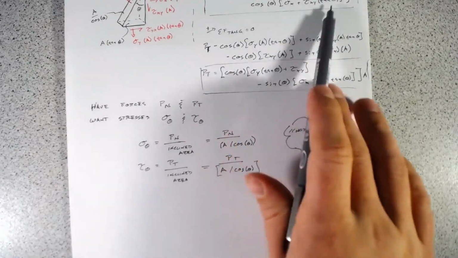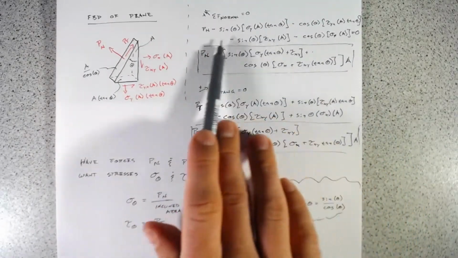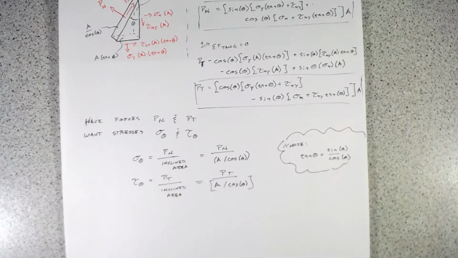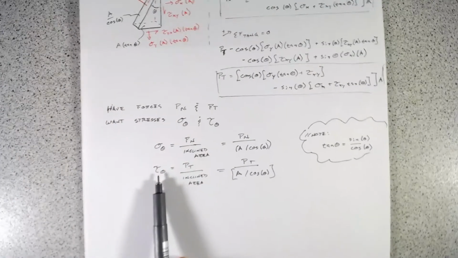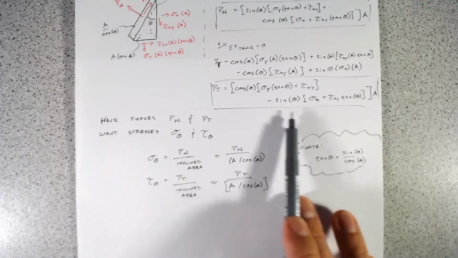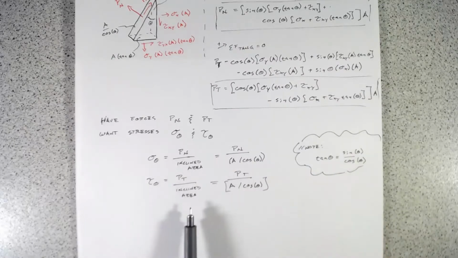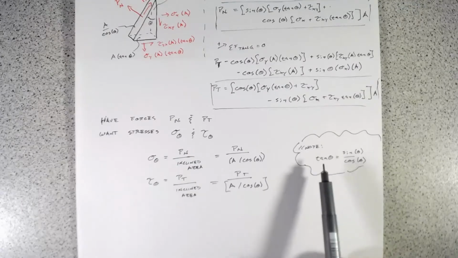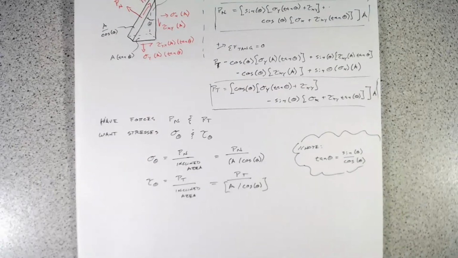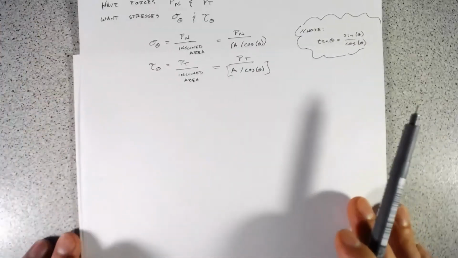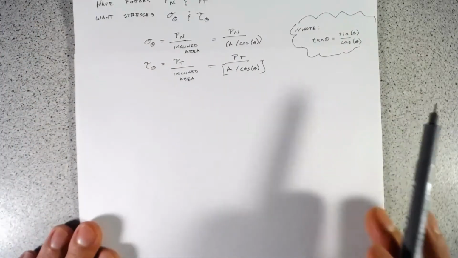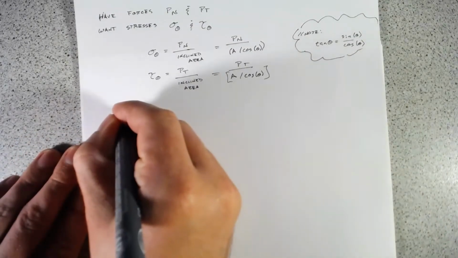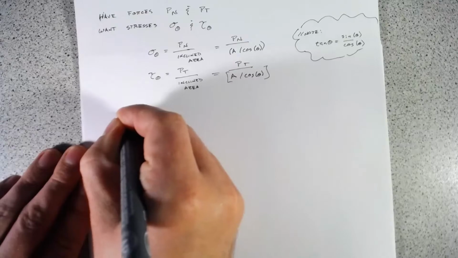But really what we'll do is jump through. So for Pn, we're going to take this big equation and divide it by A divided by cosine theta. And for tau theta, we're going to take this big equation and divide by A divided by cosine theta. And we're going to turn all of these tan thetas into sine theta divided by cosine theta. And if we do that, we end up with sigma theta.